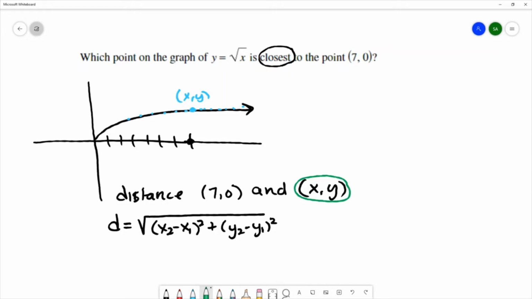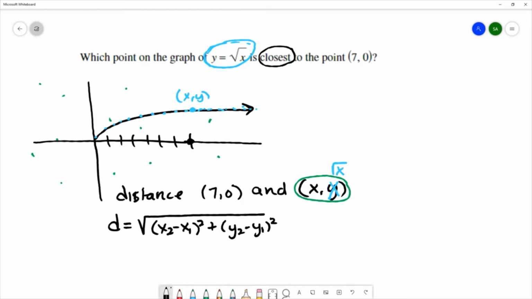Using x, y assumes that it could be any point anywhere on the plane. We're specifically saying that it's on this curve. So the points that are on this curve will follow the pattern of this equation. So I'm going to replace the y with square root of x because the ordered pair must be on that curve.